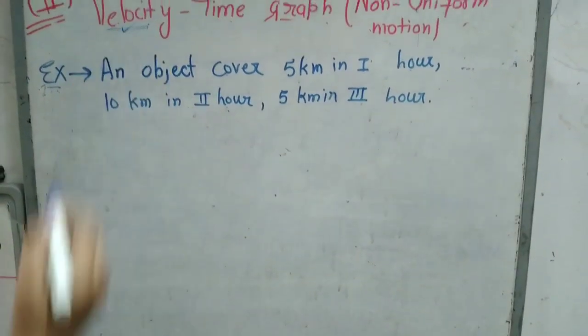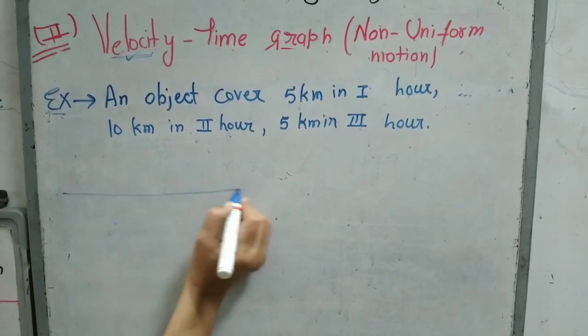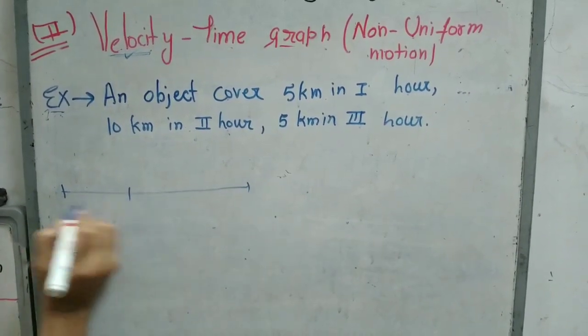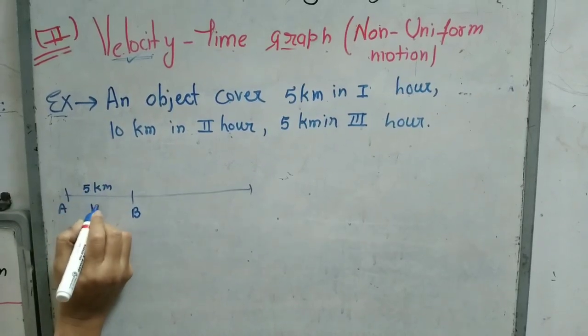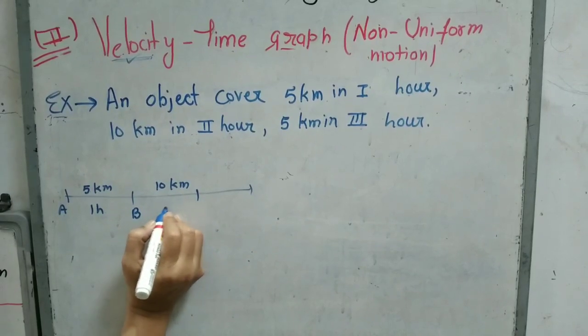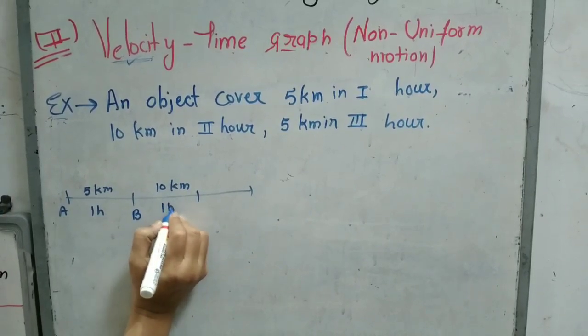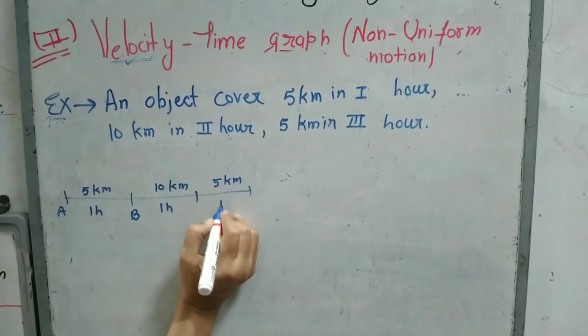But as we are observing the velocity time graph, we have to find out the velocity of each cross section. So suppose A to B, 5 km traveled in the first hour. Now here 10 km traveled in the second hour, and again 5 km traveled in the next 1 hour.